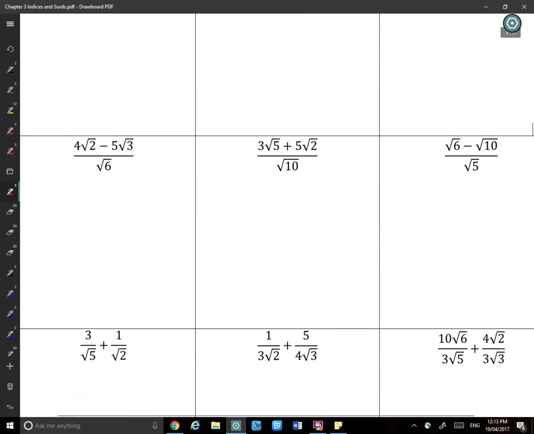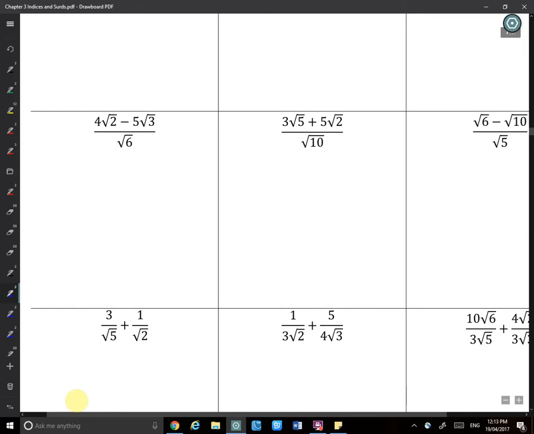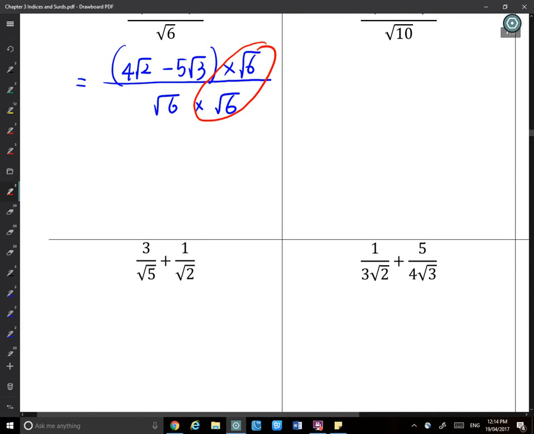So let's do the second line, this one. What I will do is just multiply by root 6 on both top and bottom. That's 4 root 2 times root 6.